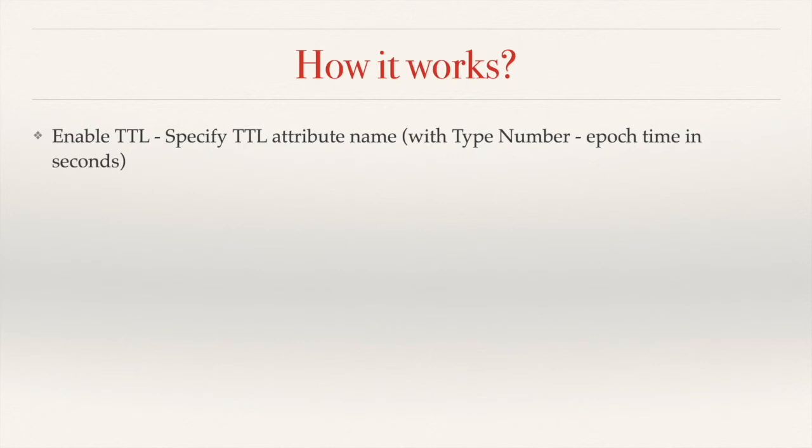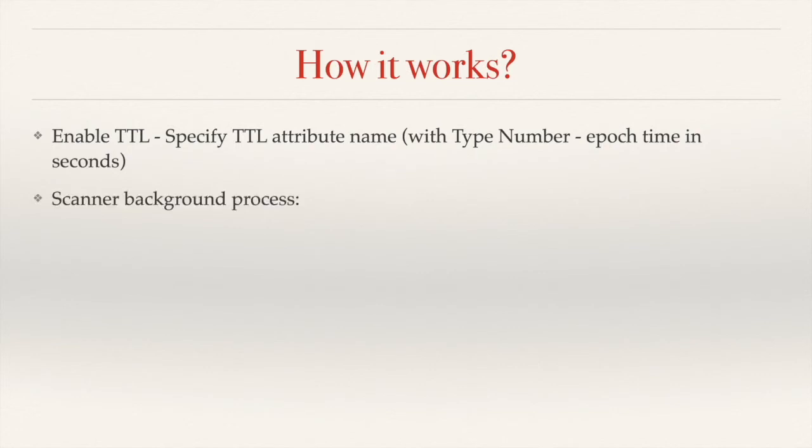So you have to specify the epoch time in seconds at which you want to delete that item, and it should be in seconds, not in milliseconds. So you have to take care about that, and its type should be number.